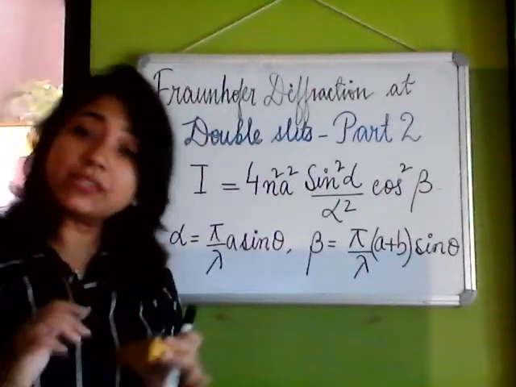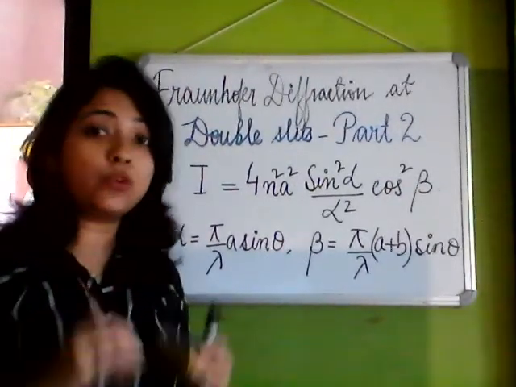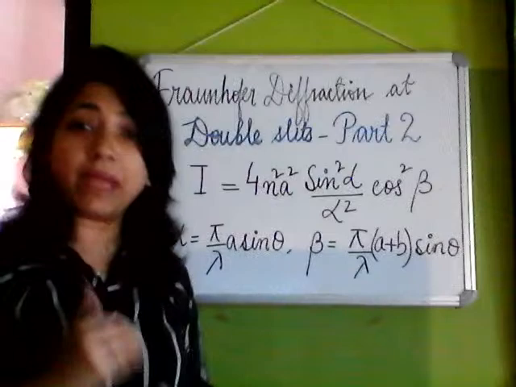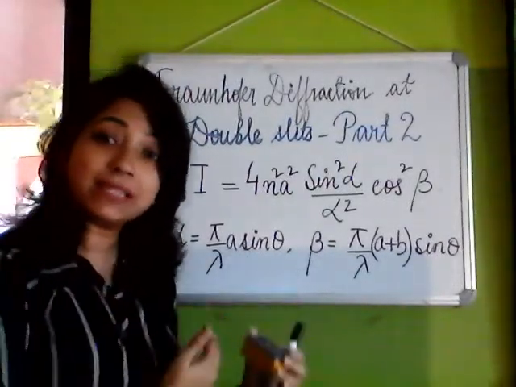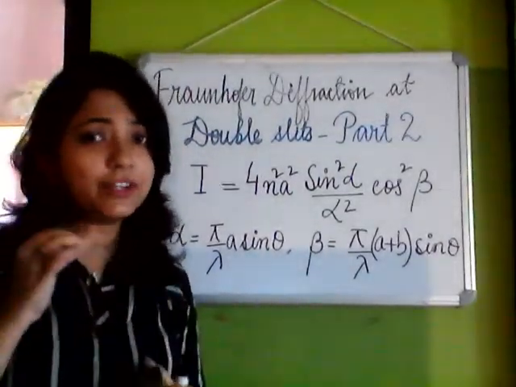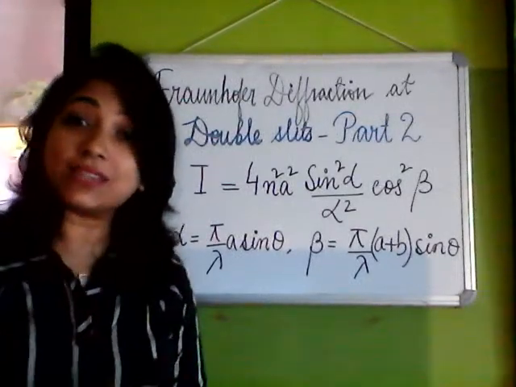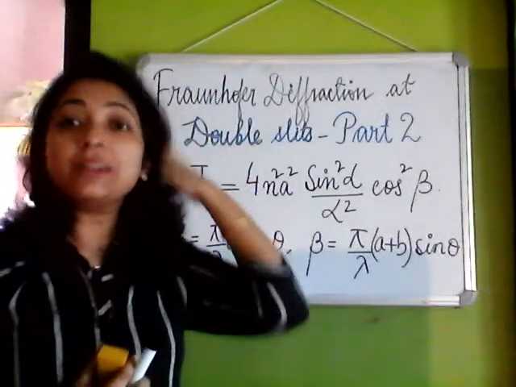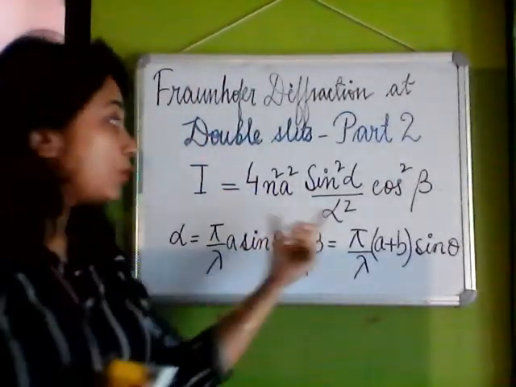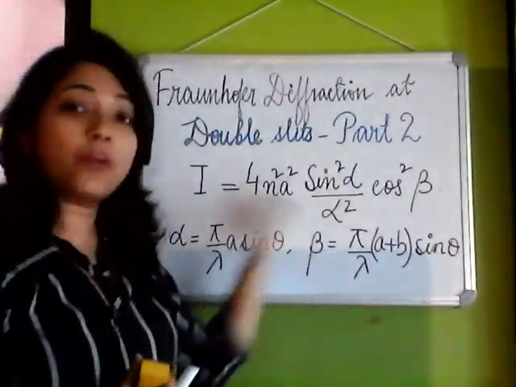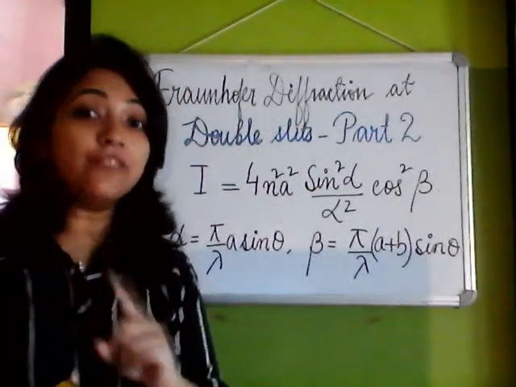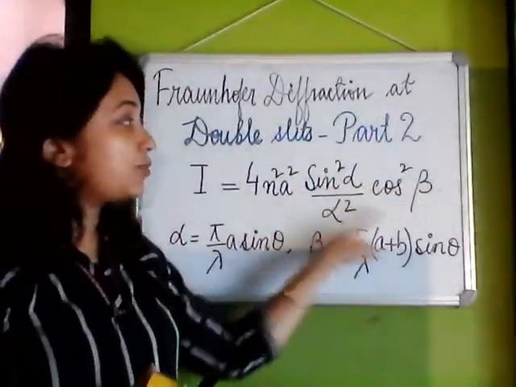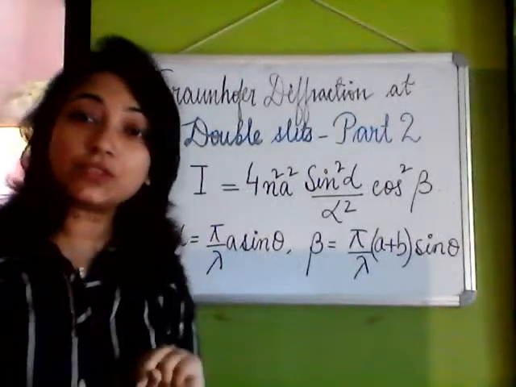However, students, please remember that finding the conditions for maxima or minima in the double slit case is a little different from what we did in the single slit case. Why am I saying so? Please remember that here the contribution is not only from diffraction from a slit, but we also have a contribution from the interference between the two.